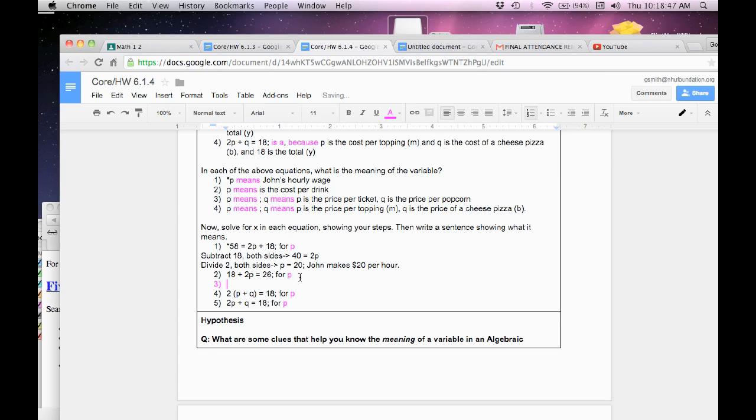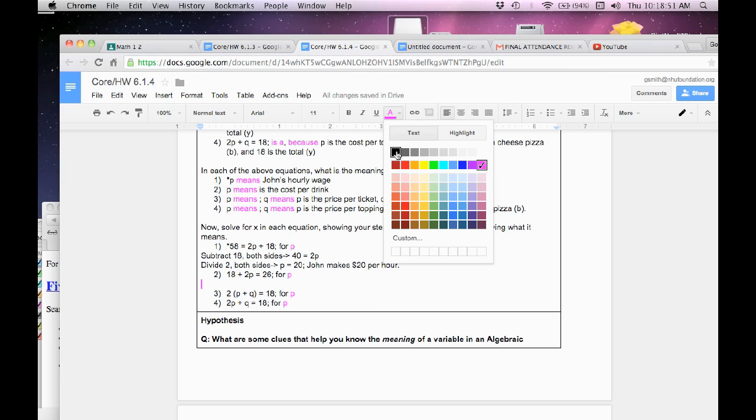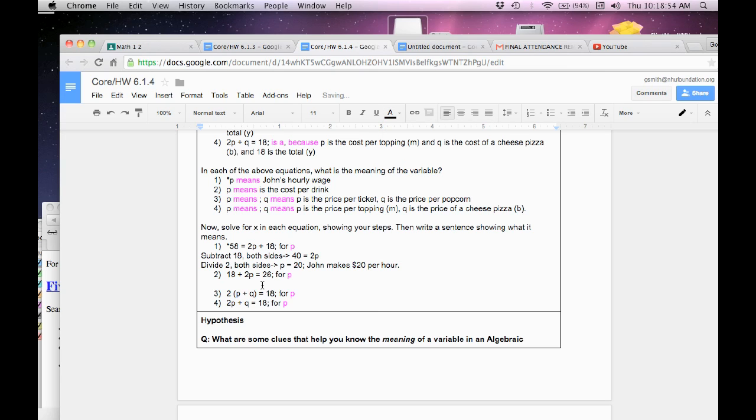2, we want to get P alone, so we'll subtract 18 from both sides. And that's going to get us 2P equals 8.